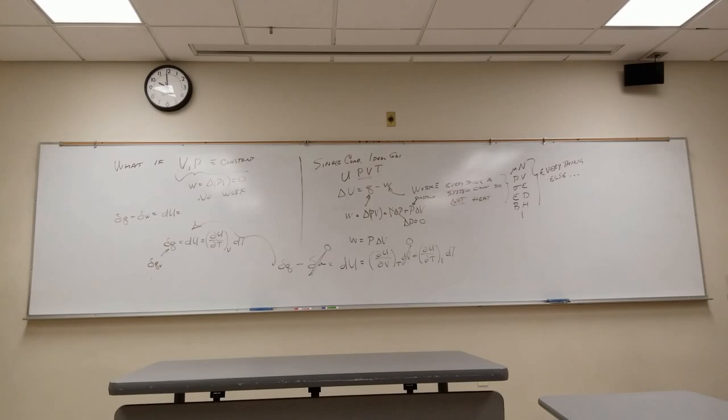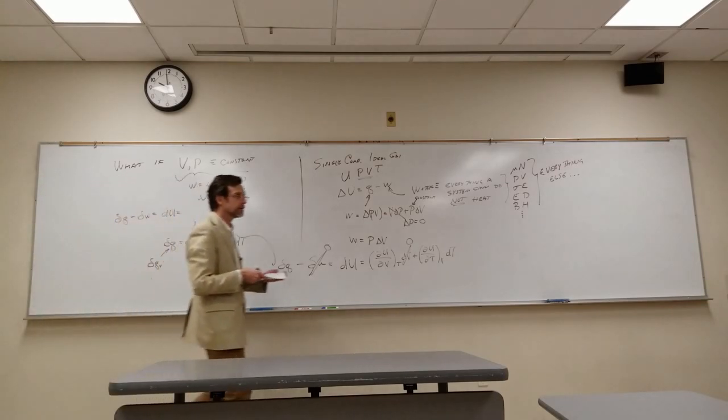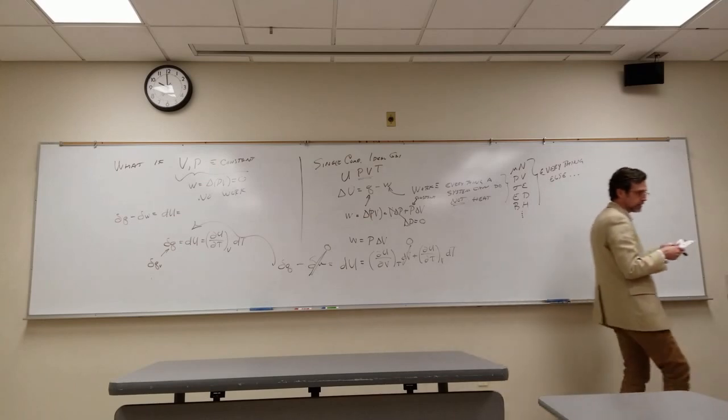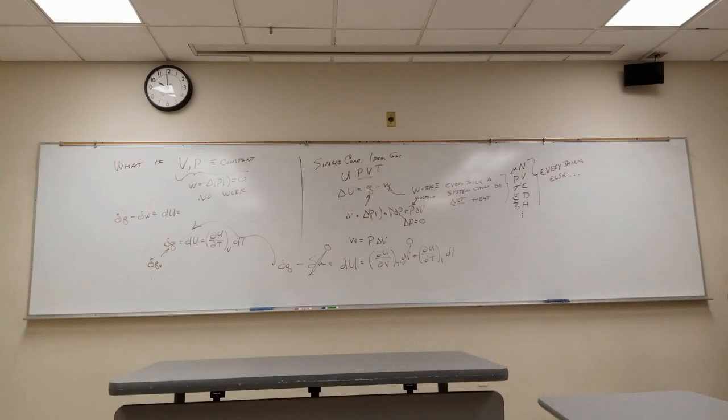So any questions about what we covered in energy so far? Hopefully it's more or less clear. Changing it so it's a constant volume and changing pressure is just switching the variables around, right?